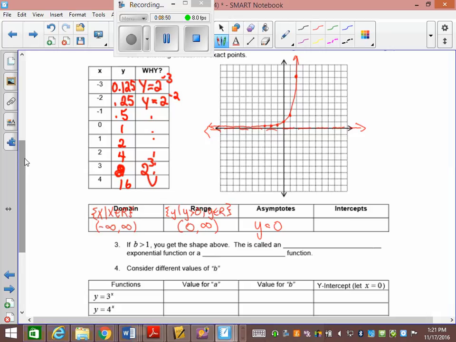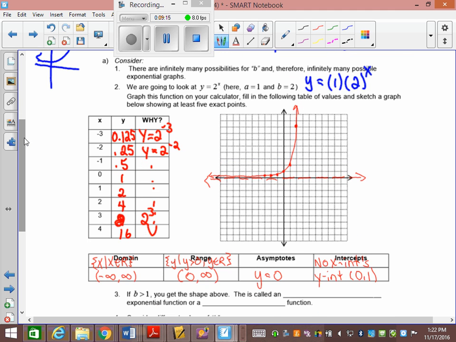Okay? Your intercepts, unless there's a vertical translation on here, you're going to have no x-intercepts, because the whole thing's above the entire x-axis here. So you have no x-intercepts. What's your y-intercept? That's 0 and 1. So if b is greater than 1, so this b value was 2, right?